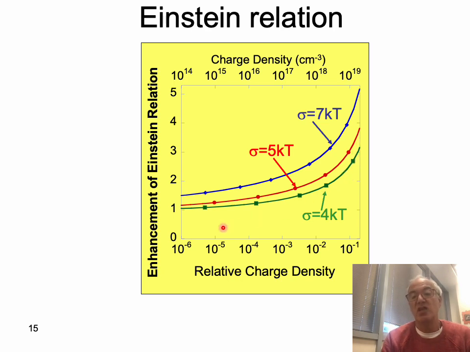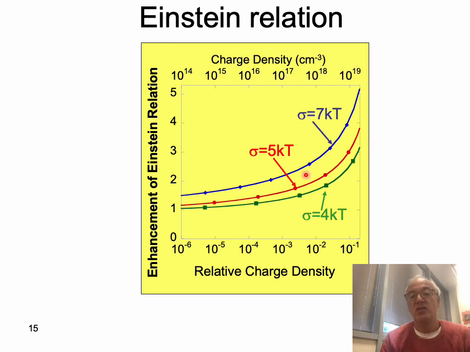The charge density that is relevant is really the fraction that we have compared to the total density of states. That's what we call the relative charge density. If we assume that the total density of states is 10 to the 20, then you can translate it here to real charge densities.